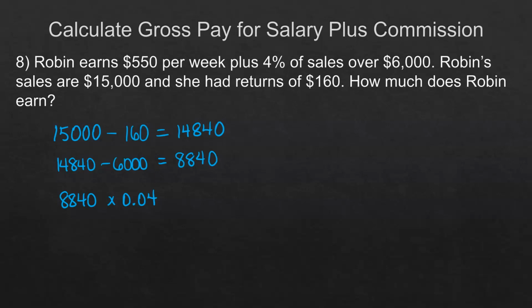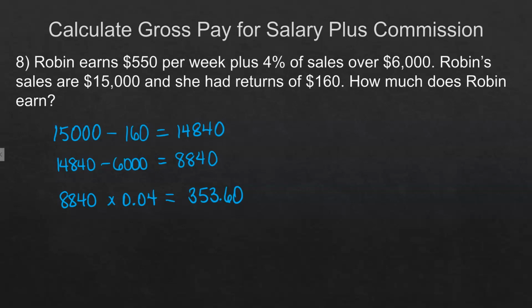Now, what happens here is, she's getting paid a salary. So the salary is part of her pay, commission's the other part, and that's probably why they do that where it's over the $6,000. And so her commission is $353.60. Now, this question said, how much does Robin earn? And so basically, how much does she earn per week, or how much does she earn in this week?